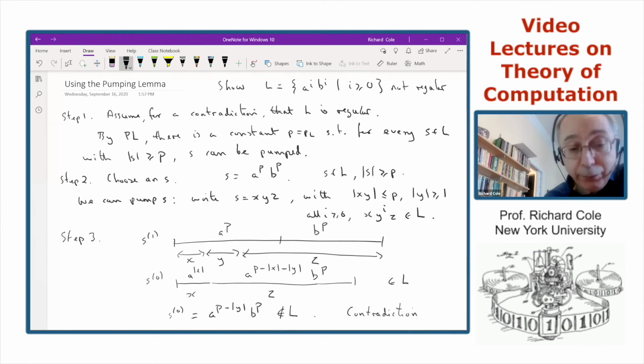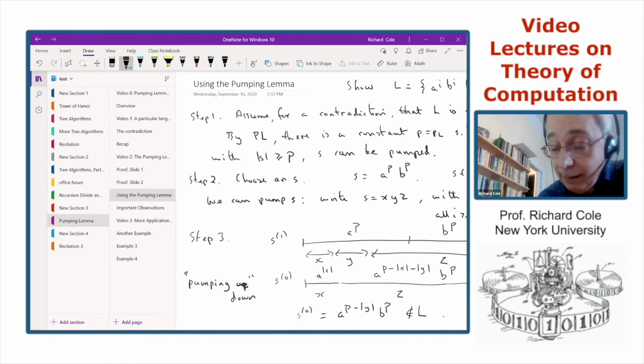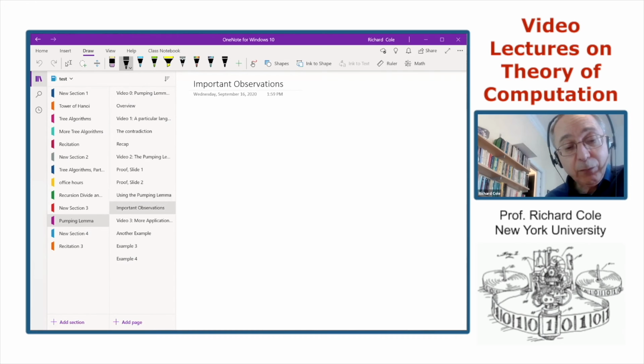By the way, we call this process pumping down. And shortly, we will see an analogous process, which is pumping up.